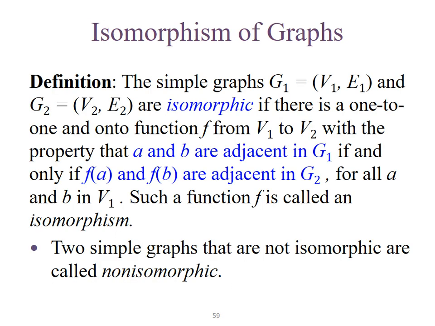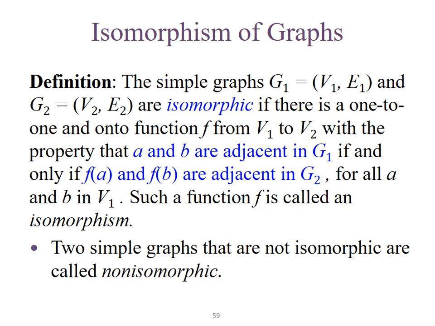All right, let's see another topic, isomorphism of graphs. Let's see this definition. If we have two simple graphs G1 and G2, we say that these two graphs are isomorphic if there is a one-to-one and onto function from V1 to V2.